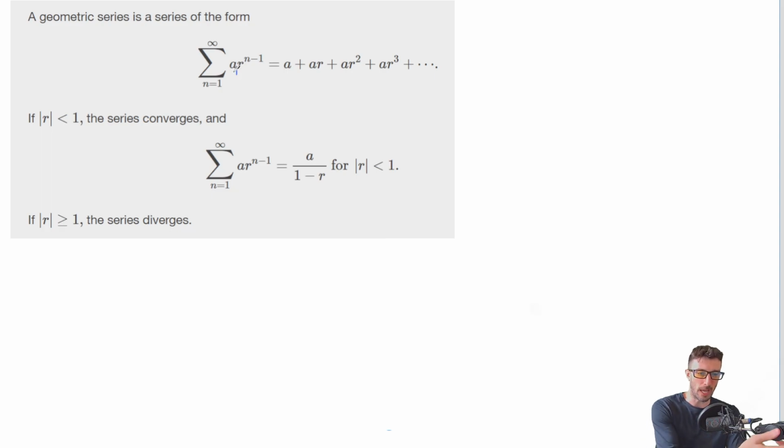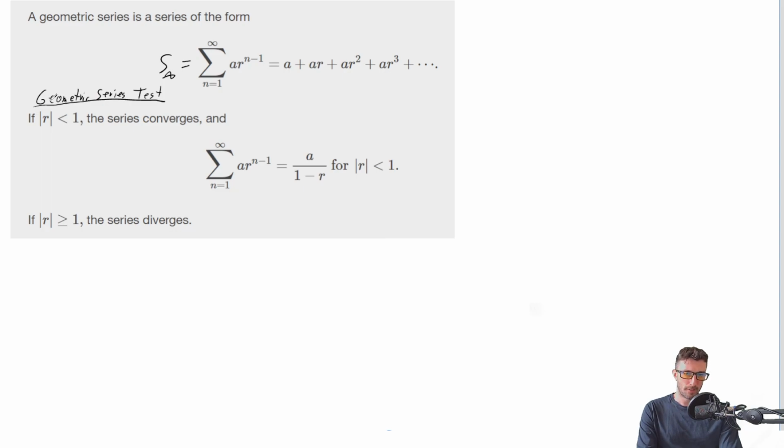Sometimes people will just put a, and then times r to the n minus 1. So that's the same thing as writing s infinity. Now we could then say that the geometric series test is that the absolute value of your r needs to be less than 1, and if so, your series converges.